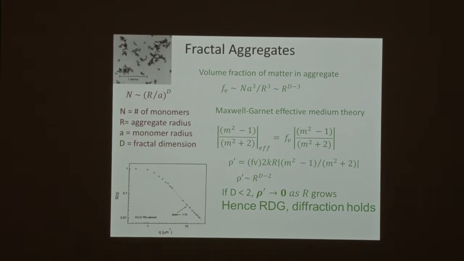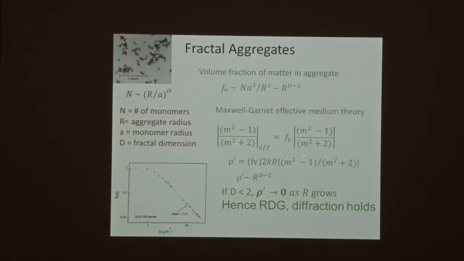Why does diffraction work for soot with the very large real and imaginary parts? Titania, you might know, is 2.6 for a refractive index. Why does it work? Well, it's because the stuff is spread out all over the place. It's fluffy.